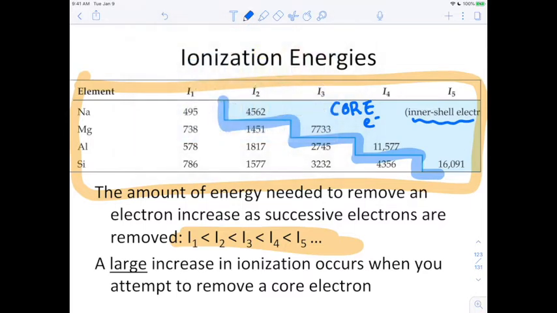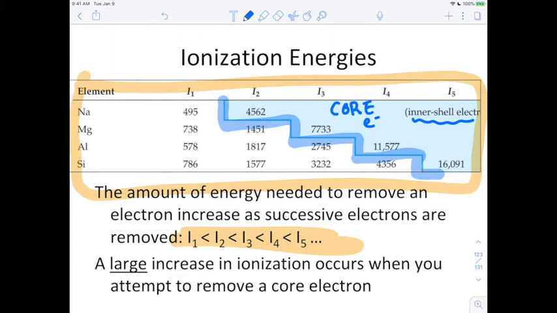The core electrons are extremely hard to remove. Earlier tonight, we talked about the core electrons as being part of that noble gas core. Our noble gases are extremely stable. So when you try to take a core electron, you are disturbing a noble gas configuration.